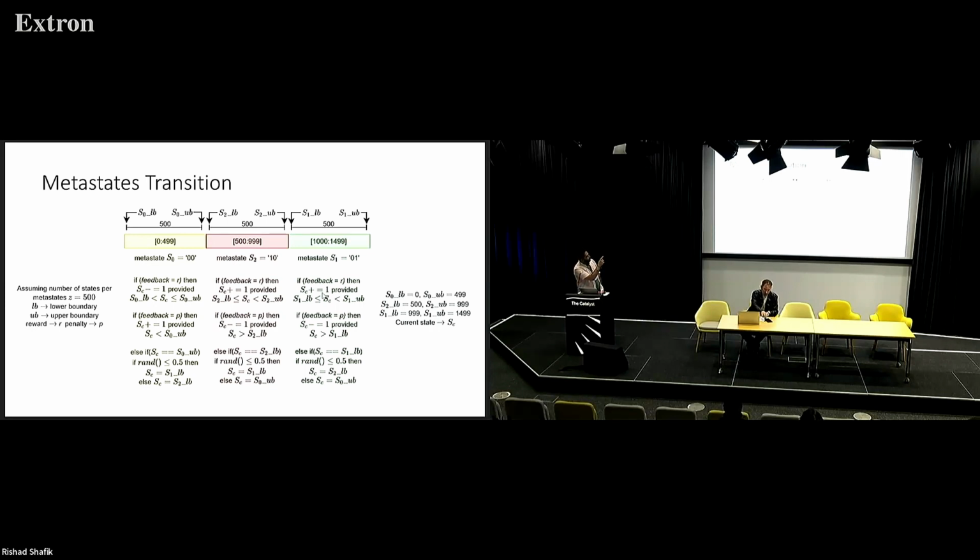If the state value is, let's say, 499 and there is a penalty, we will increment the value by 1, and it will go to some other meta state. So it will reach 500 and go into a different meta state, which is 10 instead of 00. So it's basically the same, there's no extra overhead.